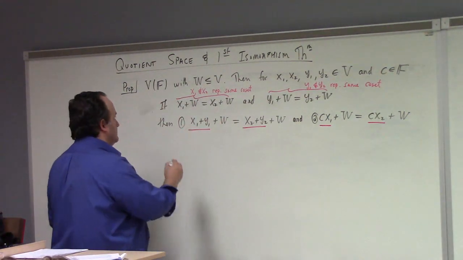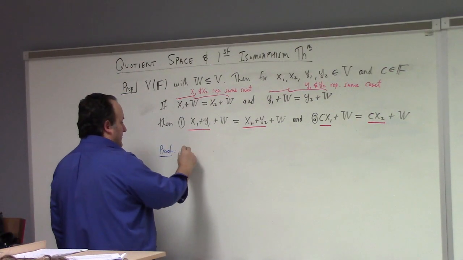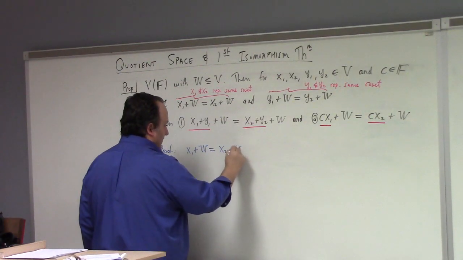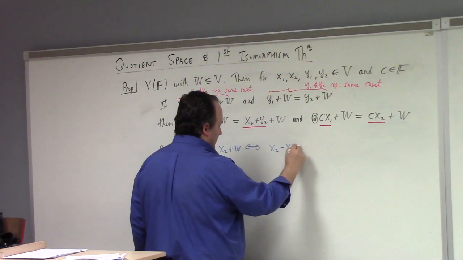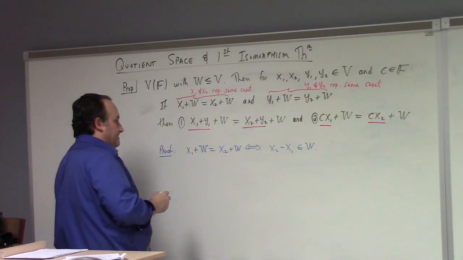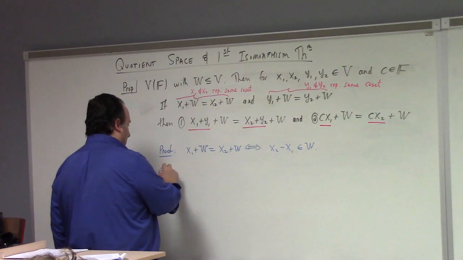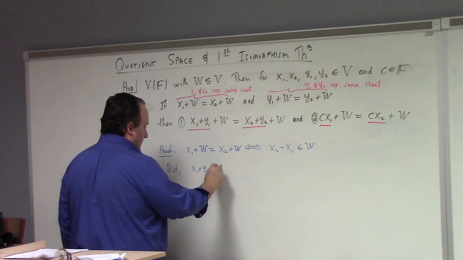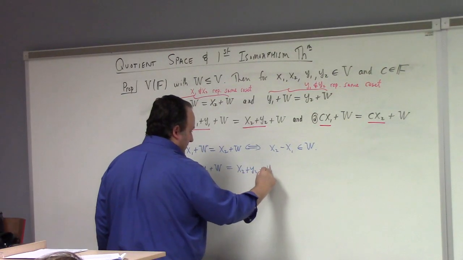So the proof looks like this. We have x1 plus W equals x2 plus W, right? That is true if and only if x2 minus x1 is an element of W, right? But x1 plus y1 plus W is equal to x2 plus y2 plus W if and only if what?